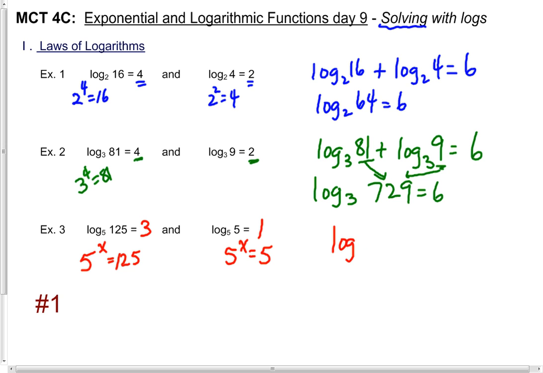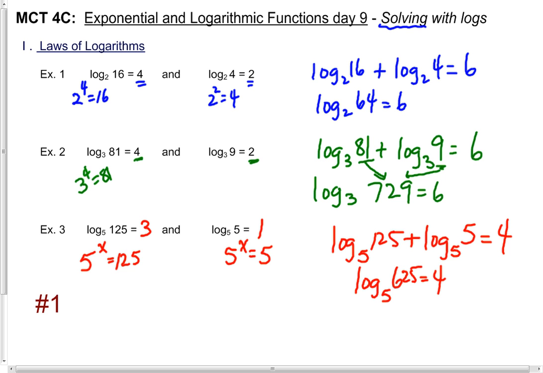So log base 5 of 125 and log base 5 of 5 is 4. Log base 5 of what is also 4? 5 to the 4 is 625. The relationship is 125 times 5 is 625.